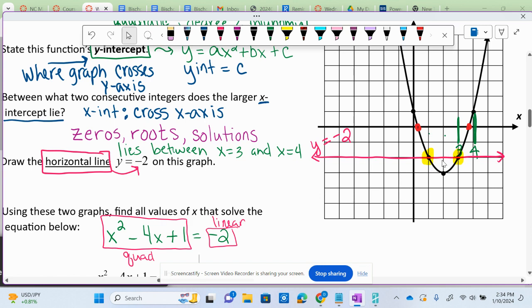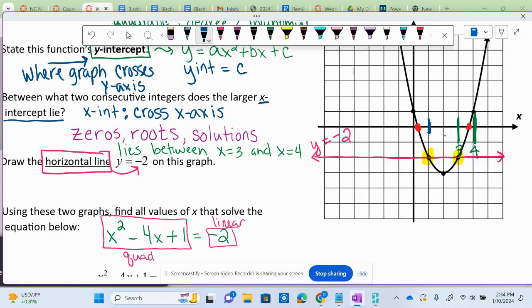When you set those equal to each other, you find out what points or what numbers, what x values make the equation true. So what are the x values that make this equation true? What does x equal at each one of those points where they intersect? That's what it's asking you. Any ideas?